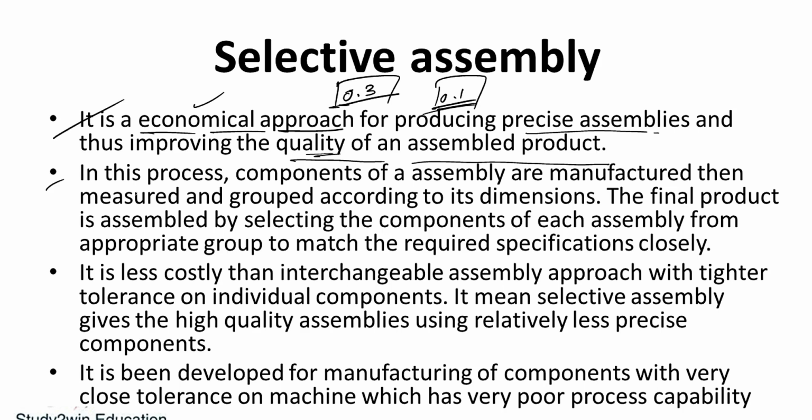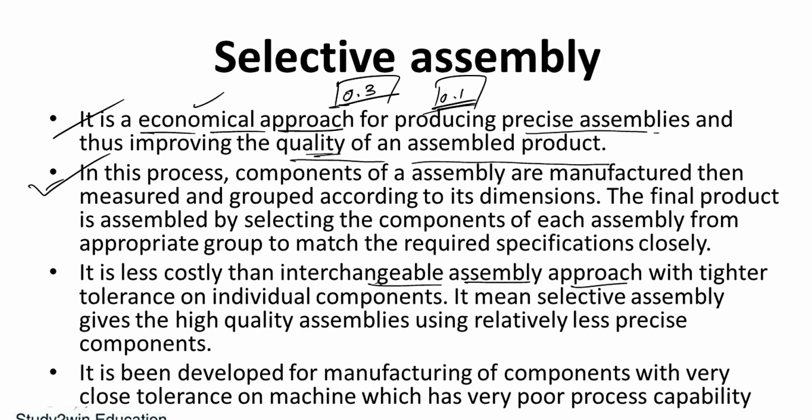This sentence says that in this process the components of the assembly are manufactured and then measured and grouped according to their dimensions. The final product is assembled by selecting the component of each assembly from the appropriate group to match the required specifications closely. This we have seen. This is the process of selective assembly. Then it is less costly than the interchangeable assembly approach with tighter tolerance on individual components.